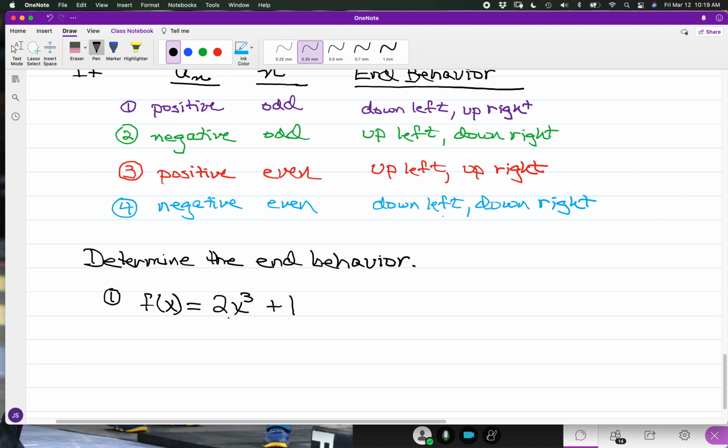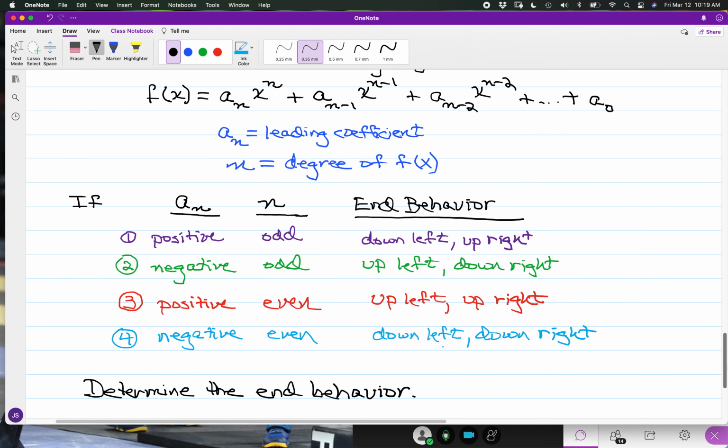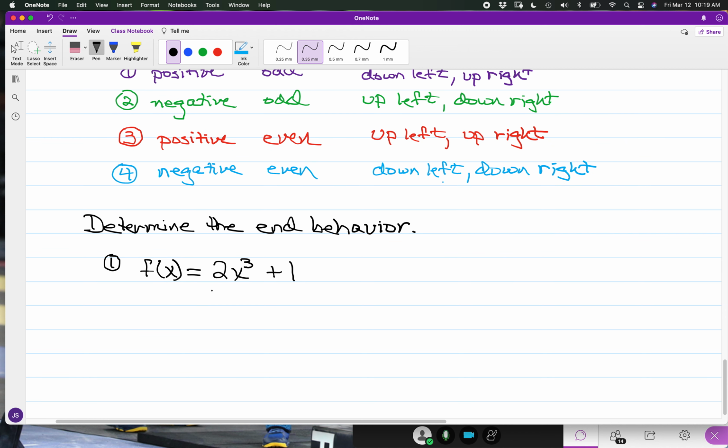Okay, so you don't have any square or first order x terms, but the higher degree term is going to be 2x cubed.